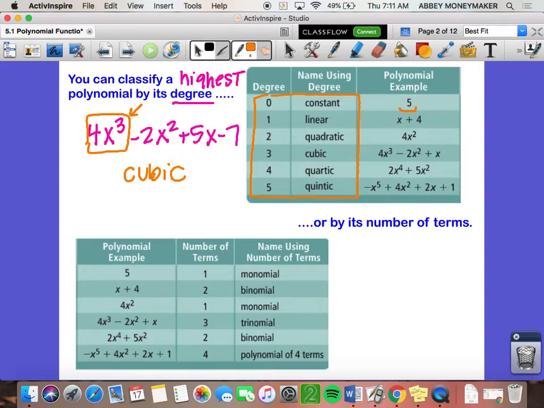That was what we talked about in Module A. So you would have something like x plus 4. Again, the highest power is 1, so you can see there is a 1 right there. If the highest power is 2, that would be a quadratic. That's what we looked at last module. If your highest power is 3, you would have a cubic, 4 is a quartic, and 5 is a quintic.